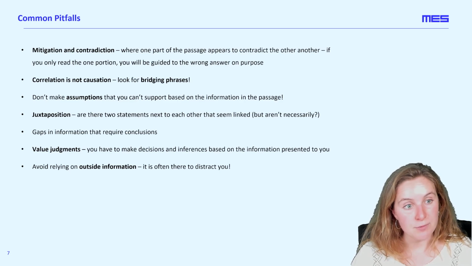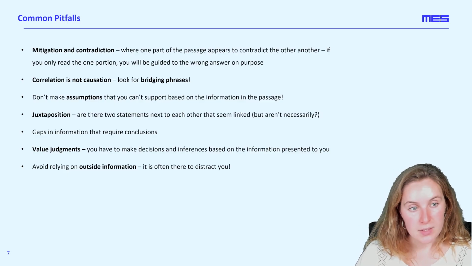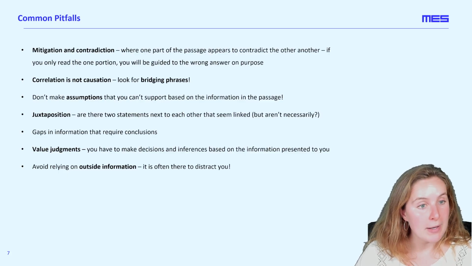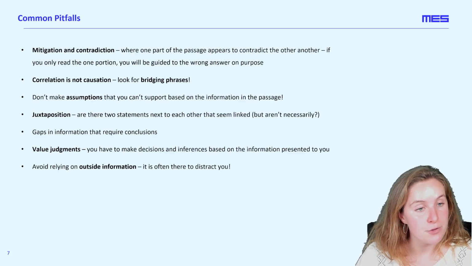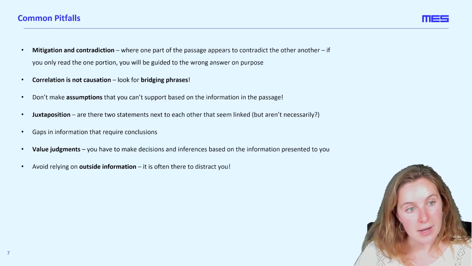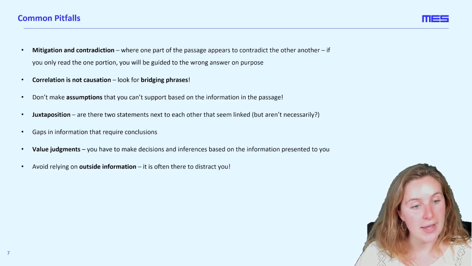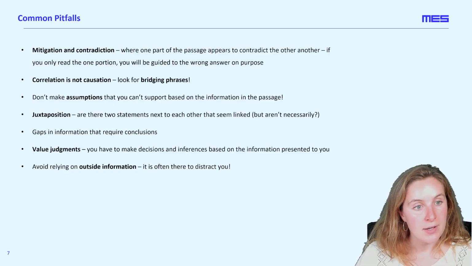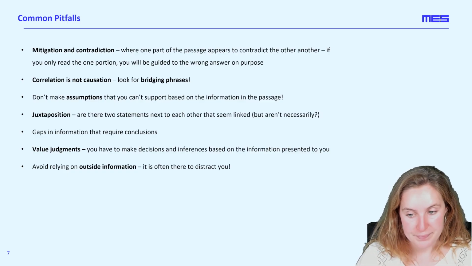So they may not give you word for word the answer that you're looking for. You need to be mindful that some of the phrasing is difficult and that you might need to make a conclusion about the efficacy in particular of a piece of information or of an event or topic and its influence over another element of the passage.